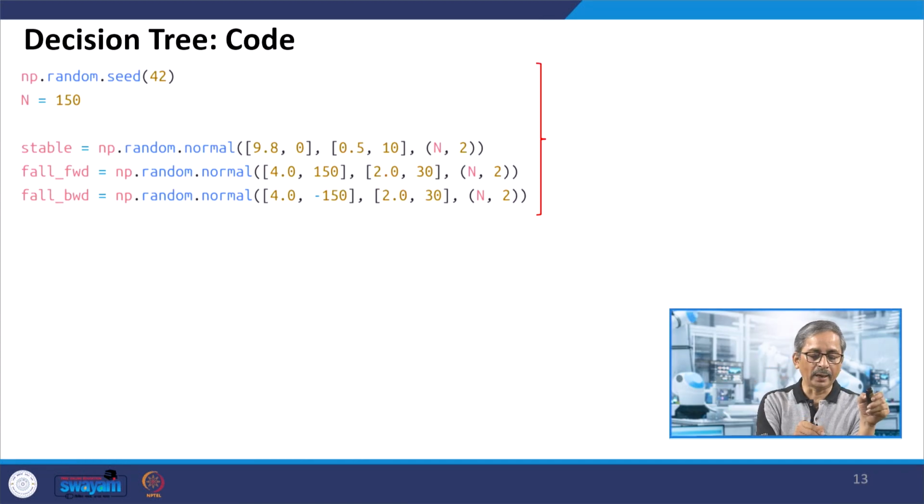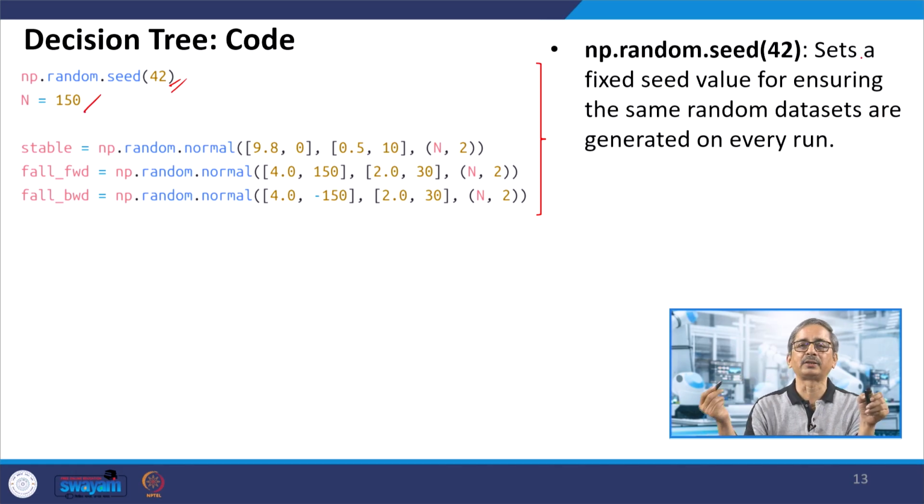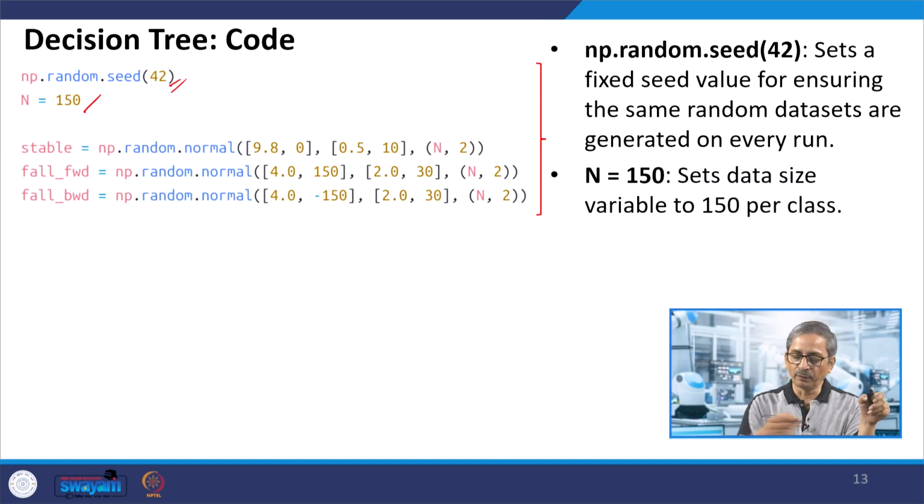I take a random seed of 42 and a sample size of 150. This random seed, as we have seen earlier, is a fixed seed value ensuring the same random data set is generated on every run, and n equals 150 is the data size variable, 150 per class.